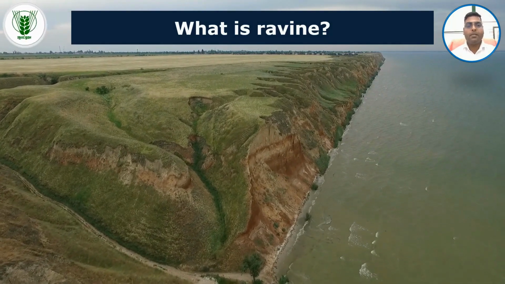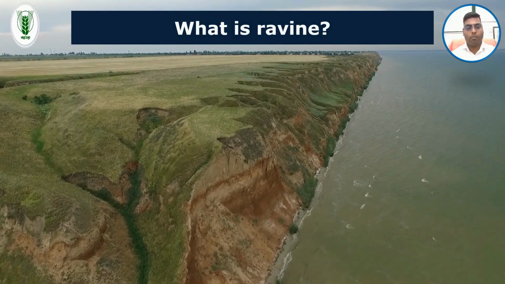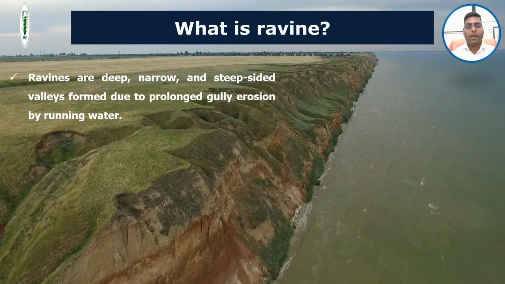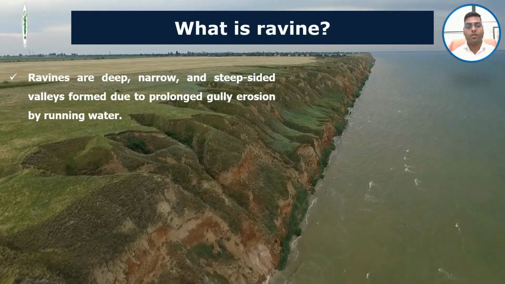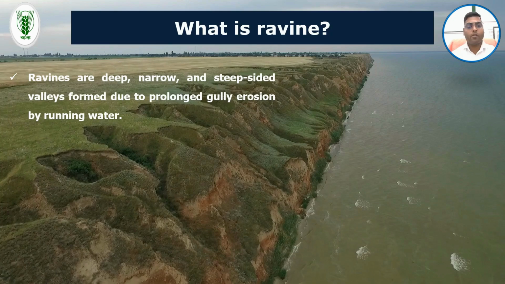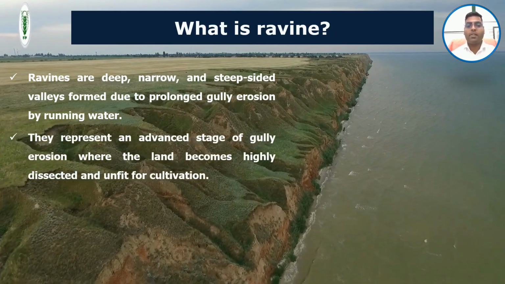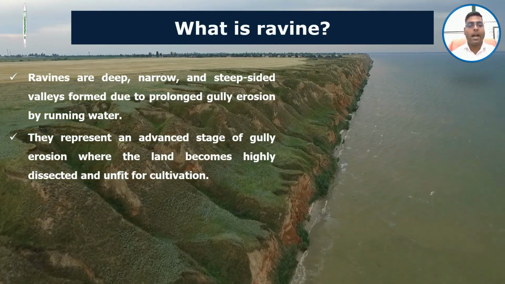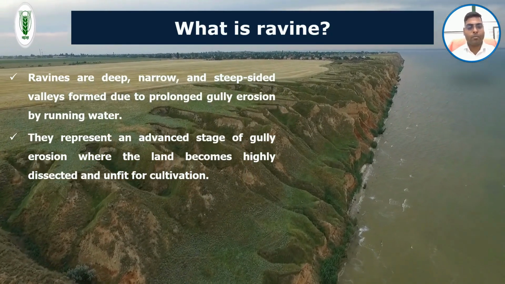So let us begin with understanding what ravines are and how they form. Ravines are deep, narrow, and steep sided valleys formed due to prolonged gully erosion caused by running water. They represent the most advanced stage of gully erosion, where the land becomes highly dissected and almost unfit for cultivation.